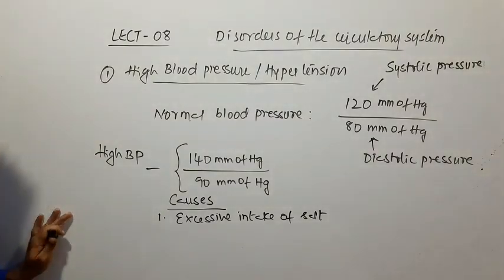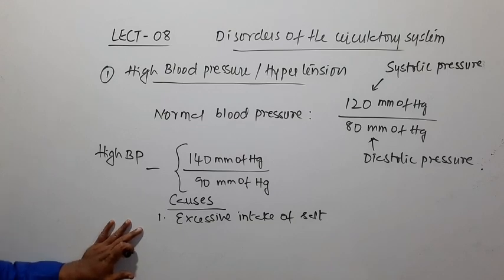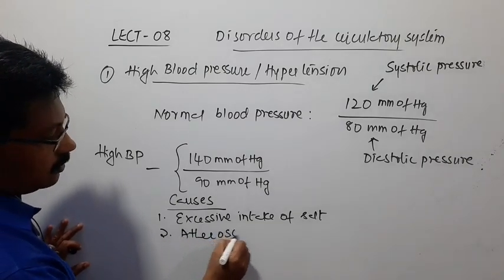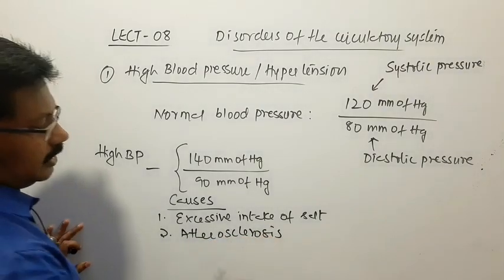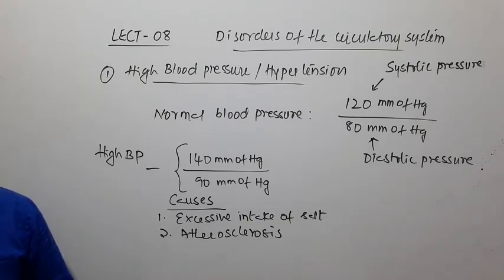If a person has a habit of taking excess salt, then the person has a chance of developing hypertension in course of time. Then atherosclerosis. Atherosclerosis is a deposition of cholesterol and other lipids in the inner layer of the blood vessel.